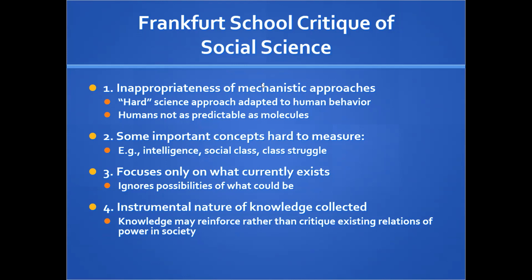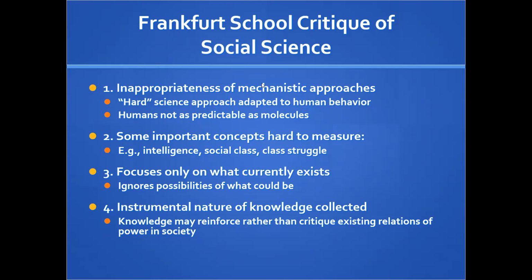We vary in terms of beliefs, attitudes, or characteristics. And it's also possible that humans are not as predictable as molecules, because in the first place, we have our will, we have our wisdom, we have the capacity to fake responses and even to deceive the researcher.